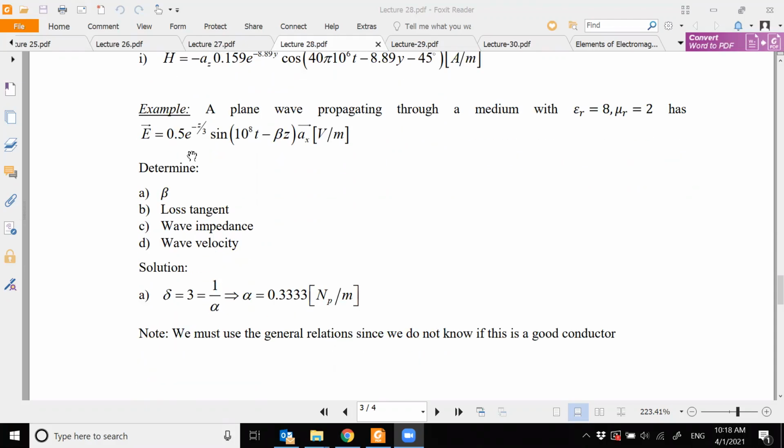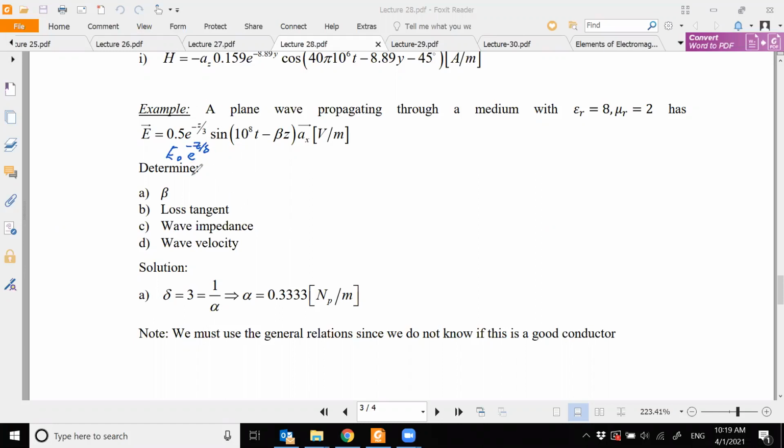Okay, so again, how can I find alpha first? Very straightforward. Look at this. If you compare this with the standard expression, we know that it is E naught e power minus z over delta, right?